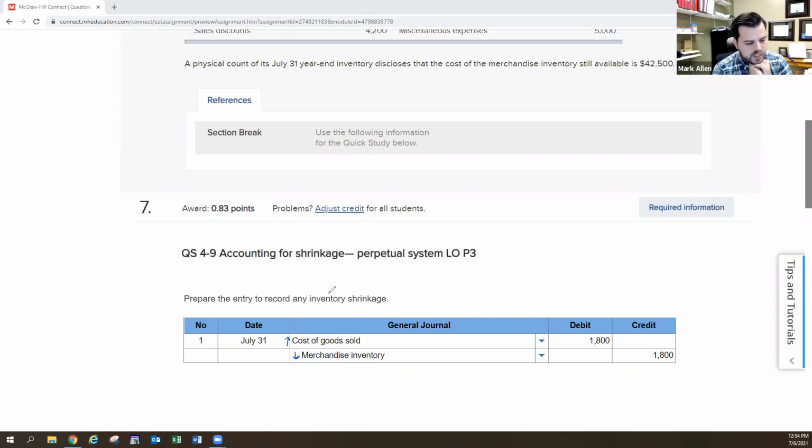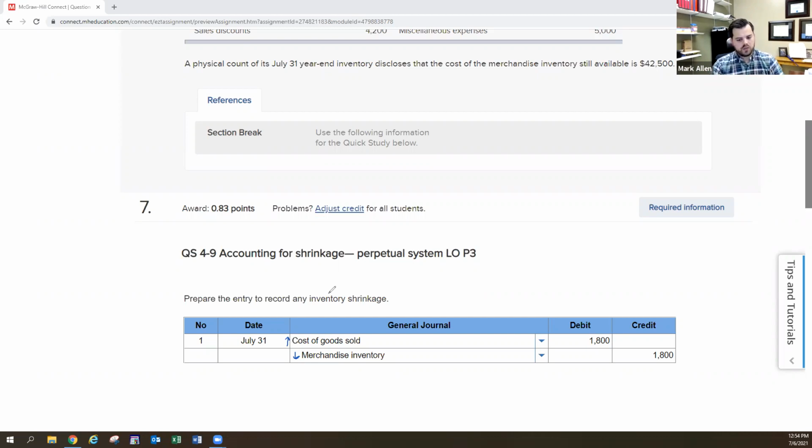Now, we recognize this is not perfect, right? It may not have actually been sold, could have been stolen or broken or spoiled or something else. But the fact is, we don't know exactly what happened to it, but we do have this account called cost of goods sold. And so to keep our records nice and clean, we're going to put all of that unknown stuff that might have happened into something that we can easily define.